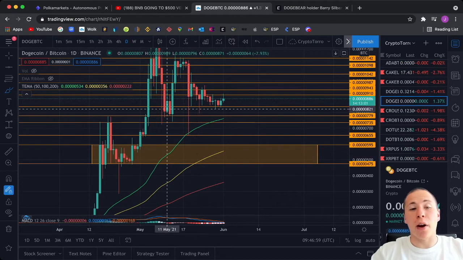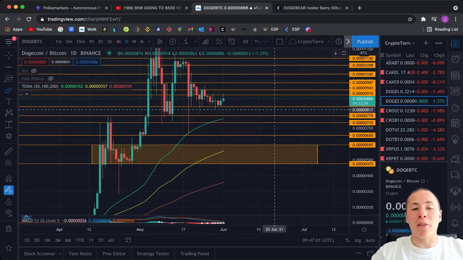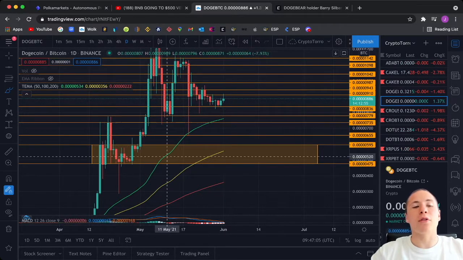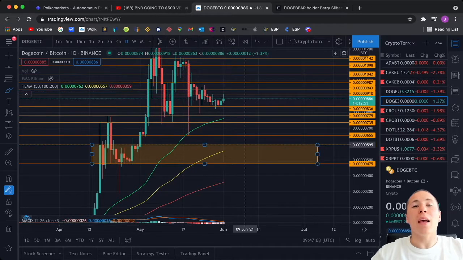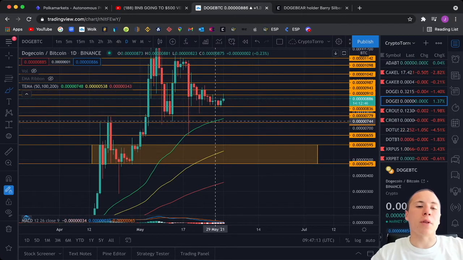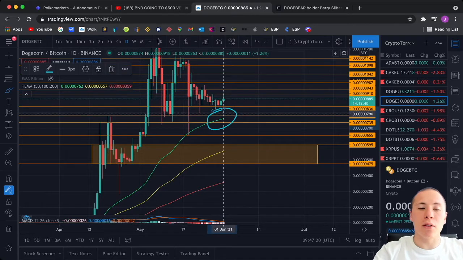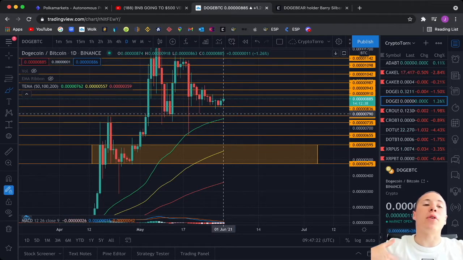This is very important, that we are still above the moving averages on the daily chart, and these will serve as levels of support if Dogecoin breaks out towards the downside. And if Dogecoin breaks out towards the upside, I personally think when we see a retest of this 50-day moving average, it could be quite possible to head even further up.